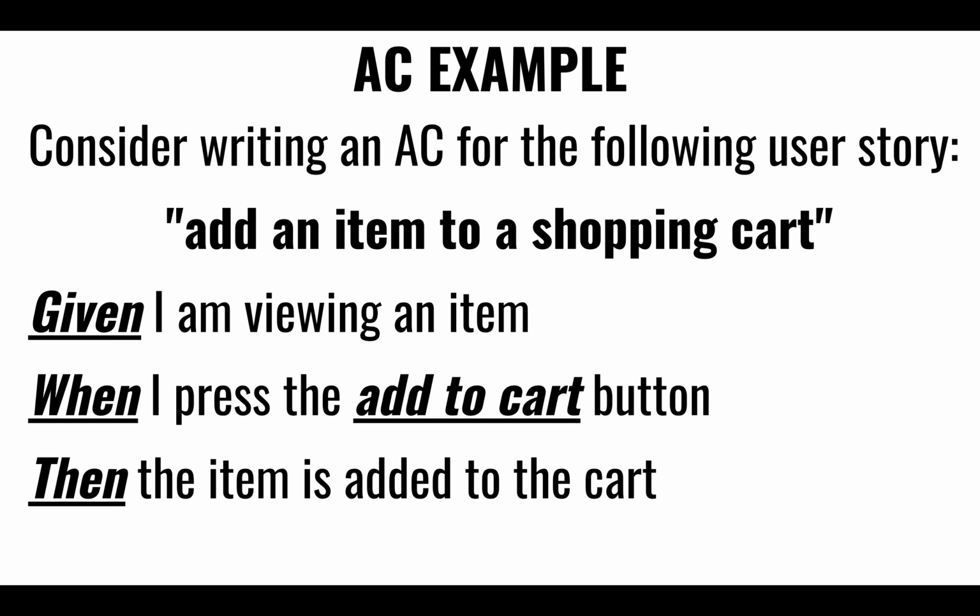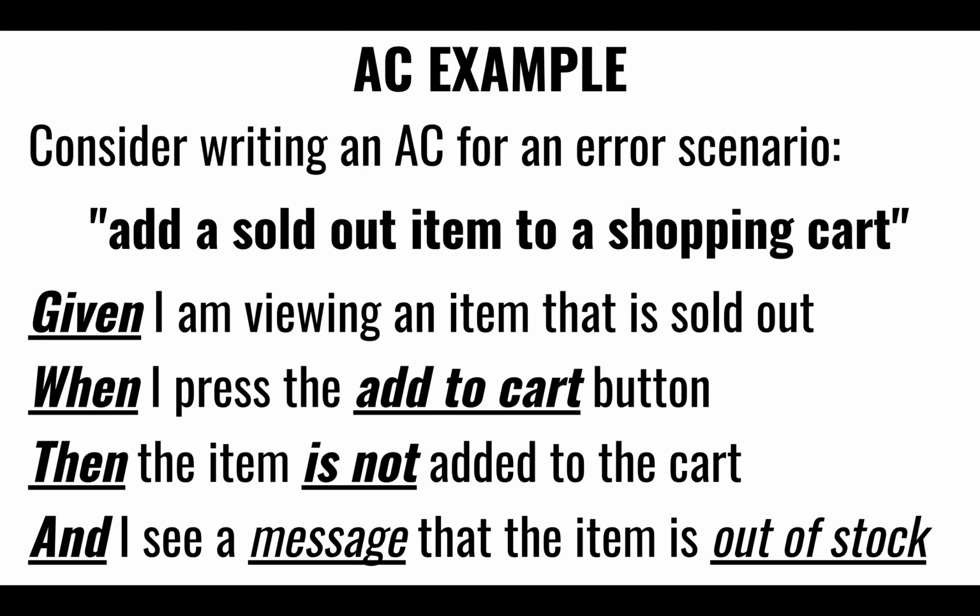acceptance criteria, or here's an example of a failed criteria, right? So for instance, which we also want to capture, right? We want to test that this is indeed working correctly, right? That if I try to add to a shopping cart an item that is sold out, I would expect the application to complain somehow, right?